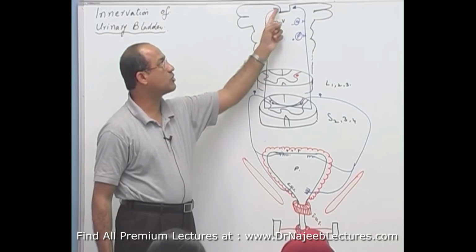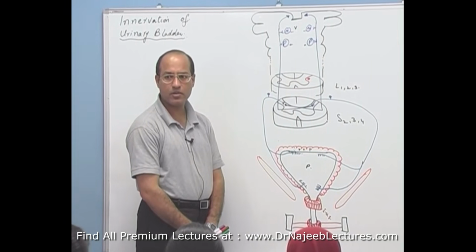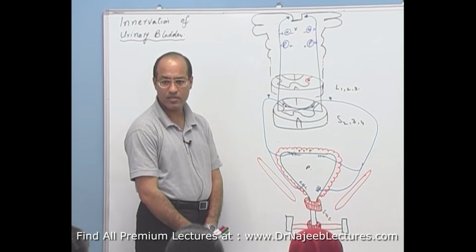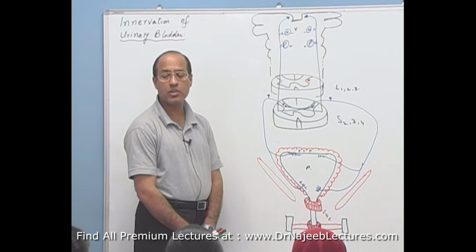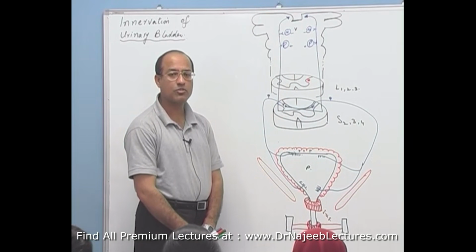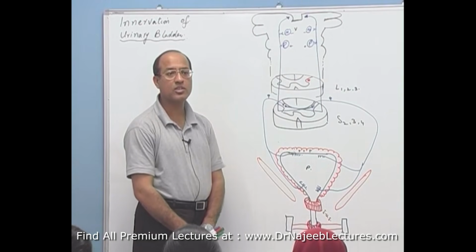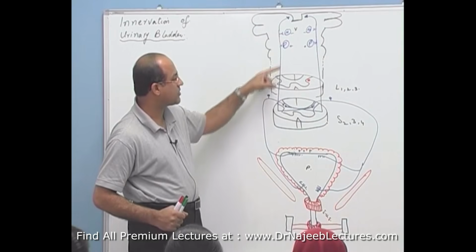When it goes to the cerebral cortex, the seat of consciousness and awareness, you know that you are taking the lecture, you should not urinate right now. So whatever amount of urine is coming, you should accommodate that. It means there should be activation of some pathway which should lead to an increase in the size of the viscus. Actually from here descending pathways come.